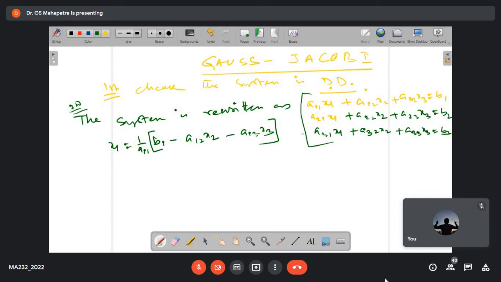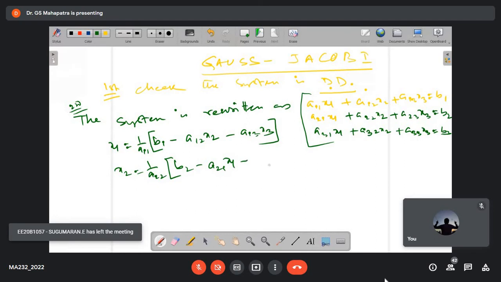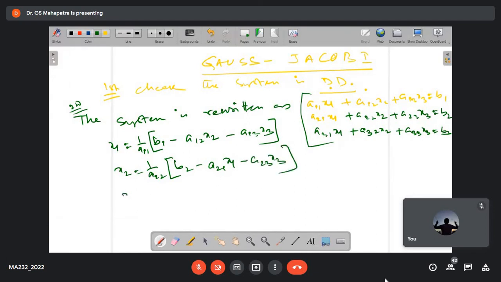Then write down x2: 1 by a22, b2 minus a21 x1 minus a23 x3, and finally x3 equals 1 by a33, b3 minus a31 x1 minus a32 x2.